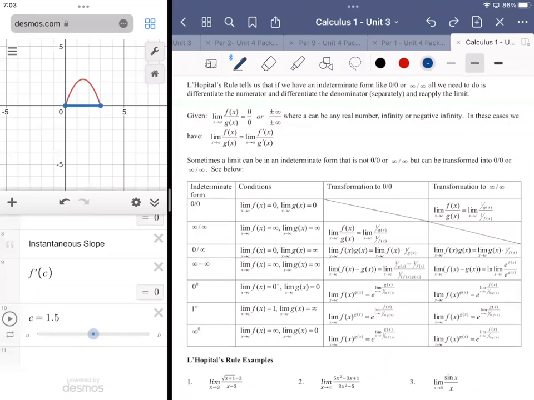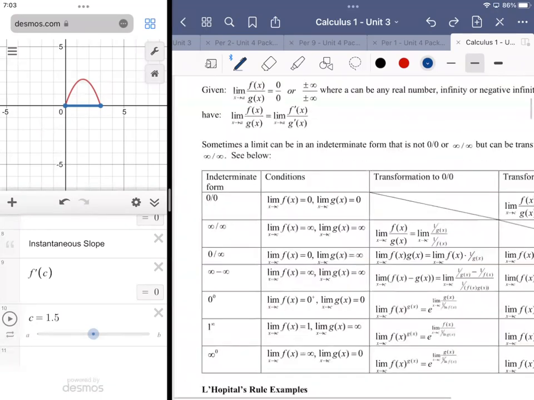Whenever you see 0 in the bottom of a fraction, we tend to think undefined, except that one instance where you have 0 also on the top of the fraction. That's what makes it indeterminate, right?